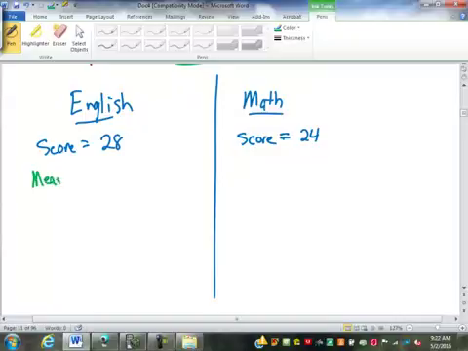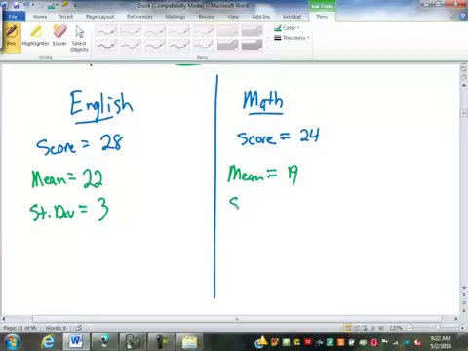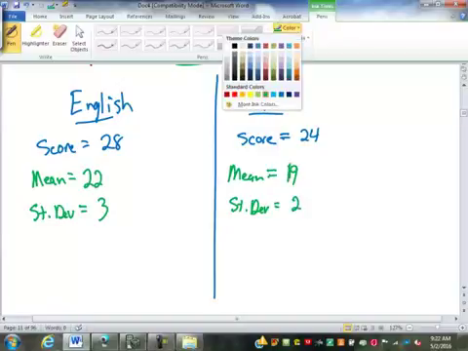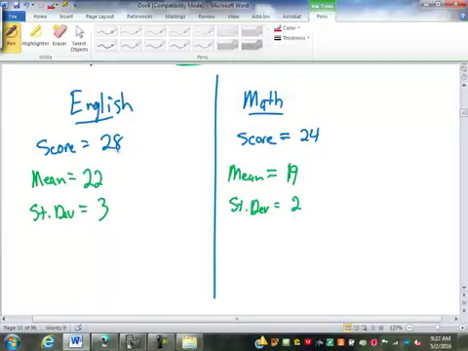Let's say that for all students who took the English test, there was a mean score of 22, with a standard deviation of 3. For all students who took the math test, there's a mean score of 19, with a standard deviation of 2. But you're still, this is 6 points above the mean. This is only 5 points above the mean. Still looks better. But let's do the z-score.